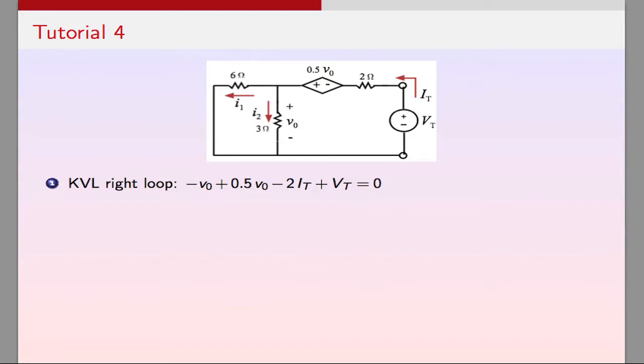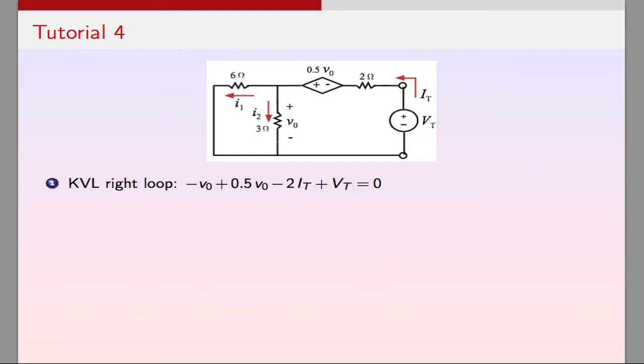The terms in the equation look fine, but maybe some of you are questioning the third term. Why is it negative 2 IT? The reason for the negative sign is that we are writing a KVL equation in the clockwise direction, assuming a voltage drop.